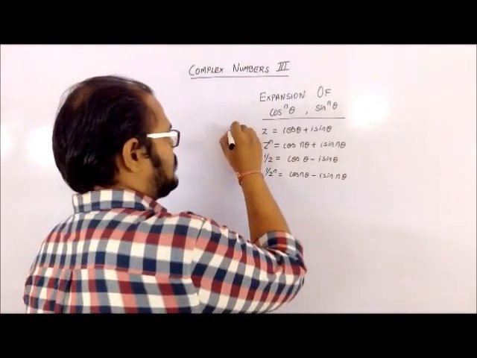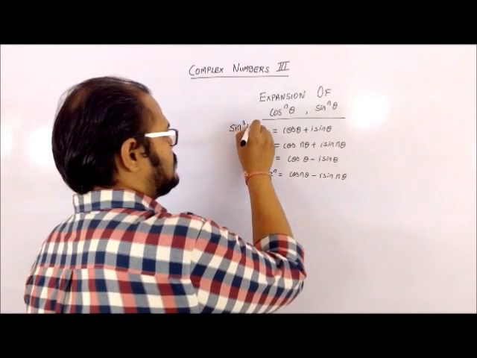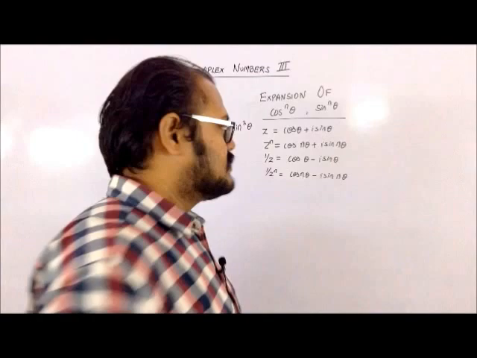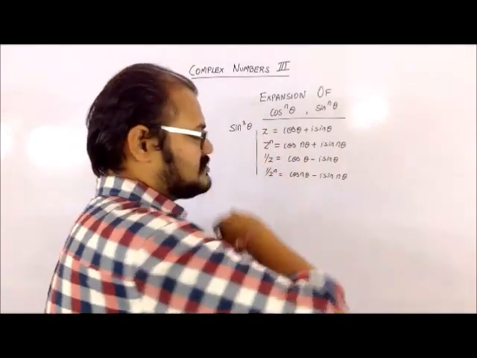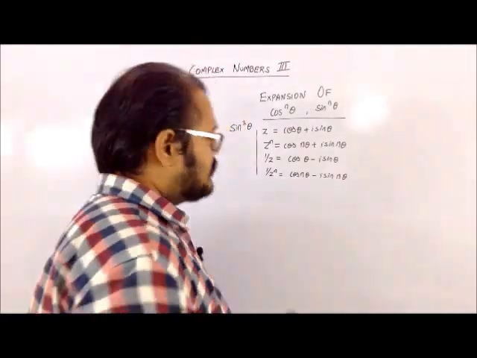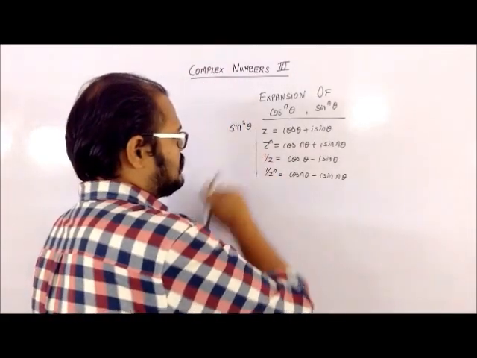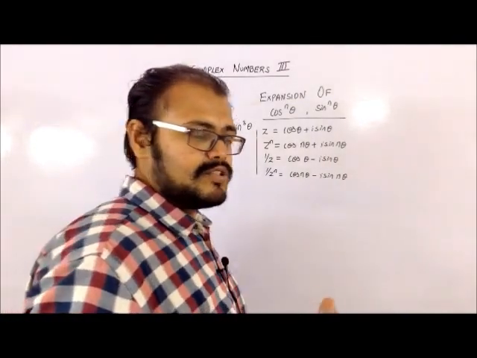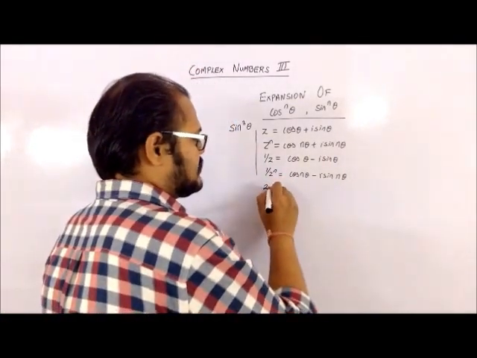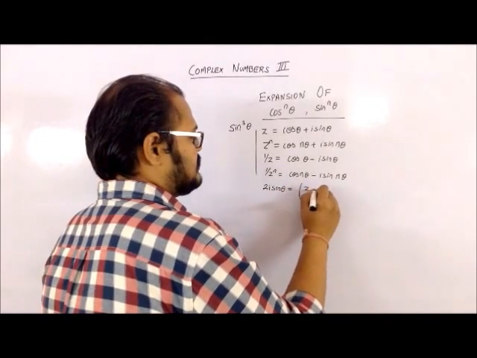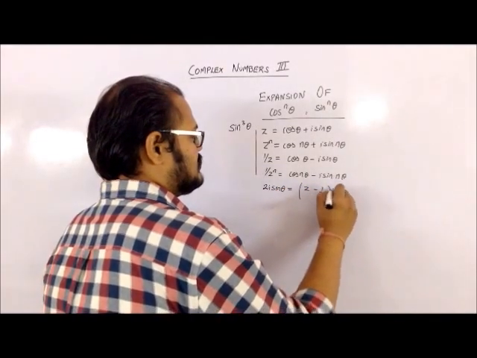Let us try to understand by taking an example. Let's say I want to find the value of sine cube theta. So these are the set of things which you have to write, which is compulsory. Now you have to find sine, so you will consider the second equation, that is 2i sin theta equals z minus 1 by z.